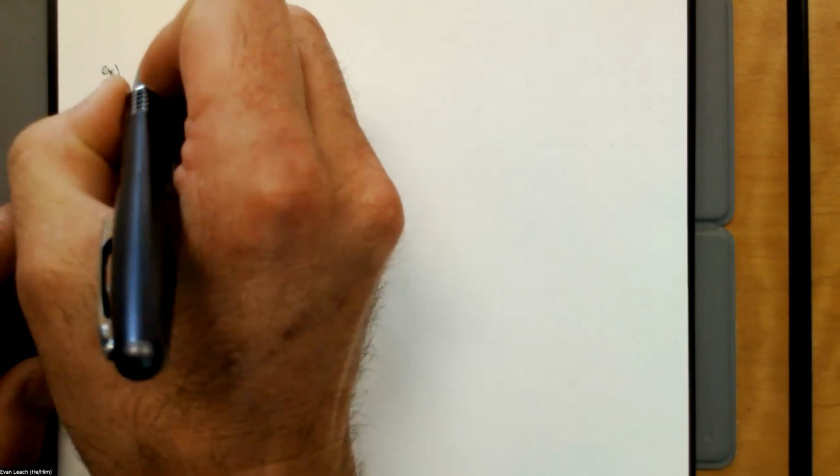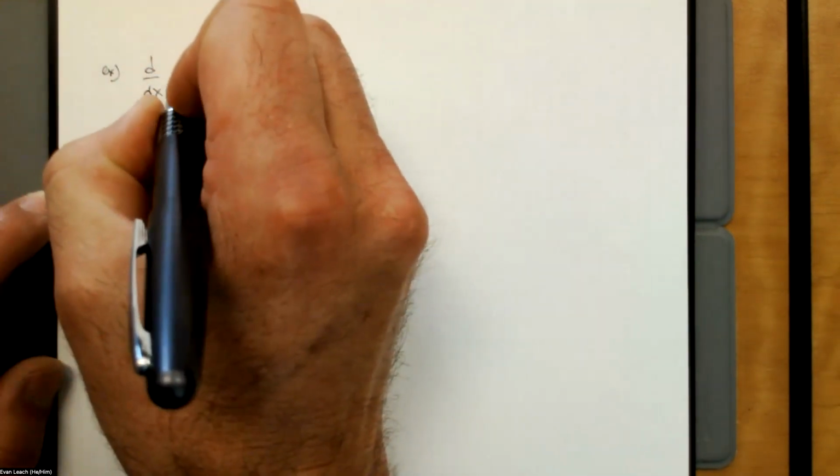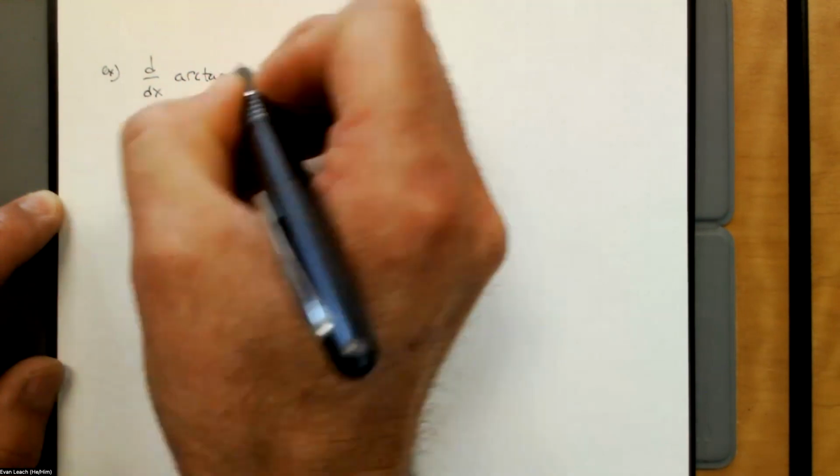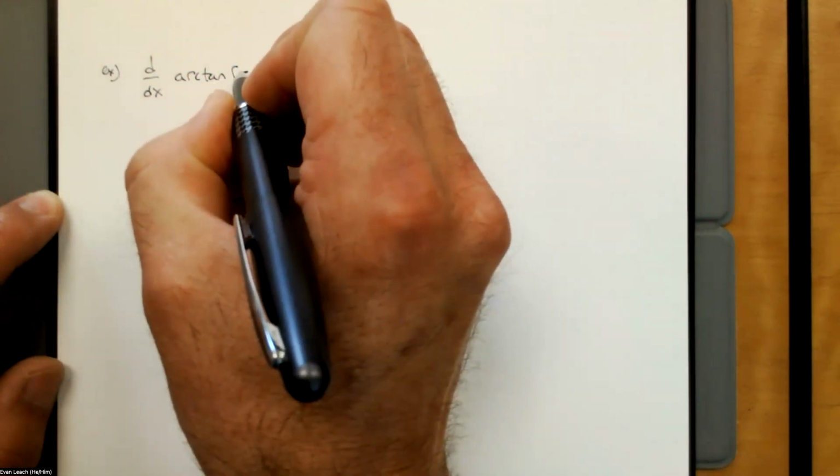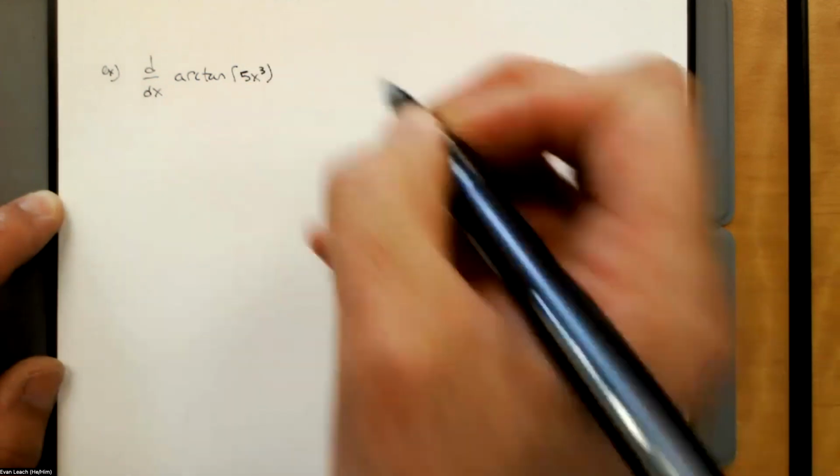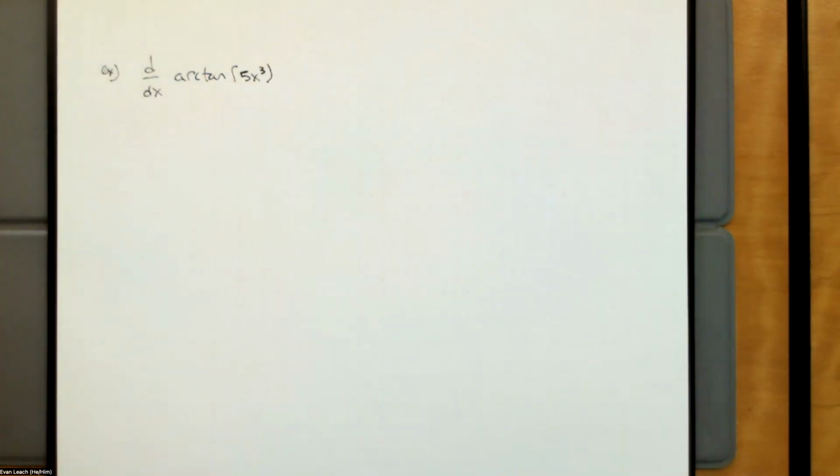So we would need to be able to do things like find the derivative with respect to x of arctangent of 5x cubed. A perfectly valid question is, why would we need to find the derivative of arctangent of 5x cubed? And the answer, of course, is like, shut up, you. We're going to practice this stuff. Quiet, you. We're training here.